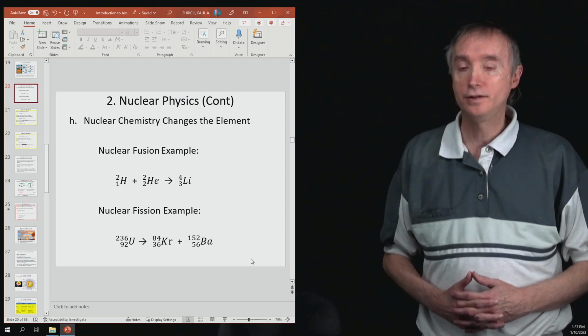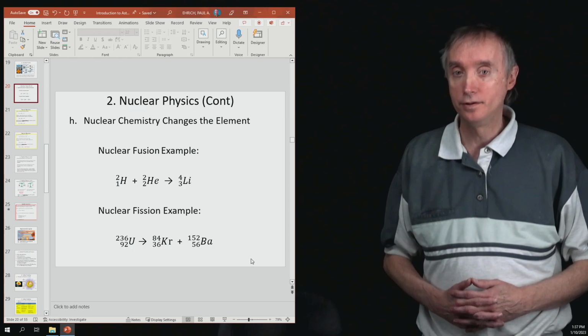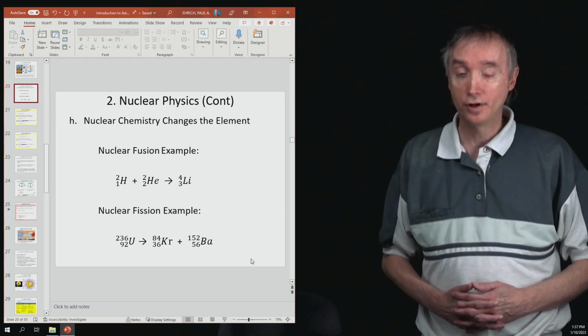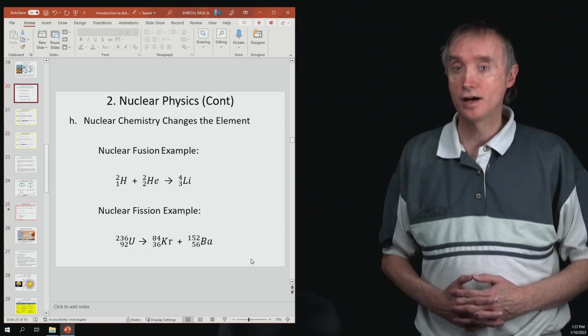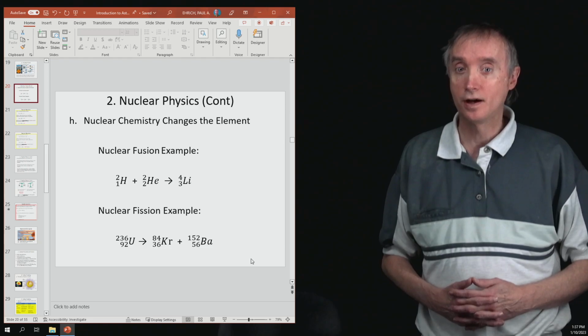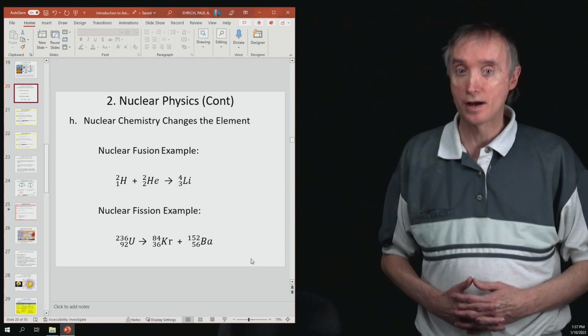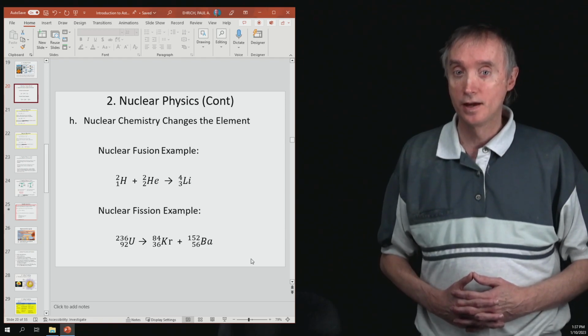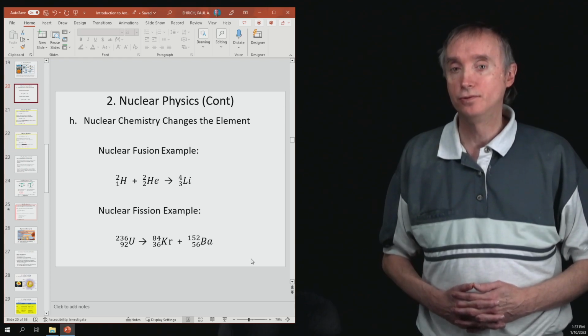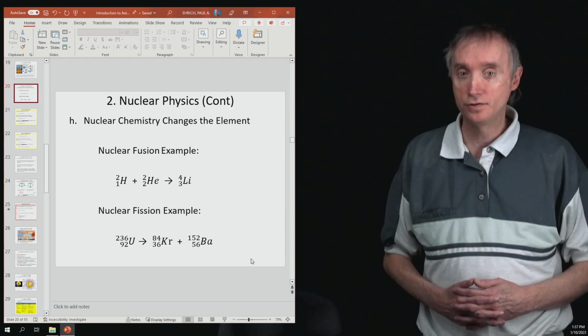We don't really need to write down that 1 underneath the 2, because every hydrogen has an atomic number of 1, but for our purposes, it is useful to put that 1 underneath the 2. And we're going to smash it into helium-2, and we want to know, what does it turn into?